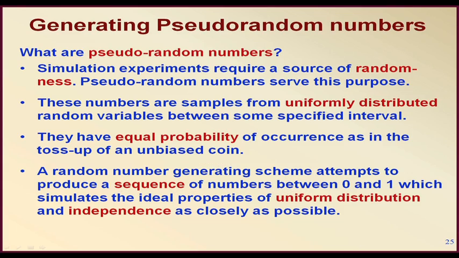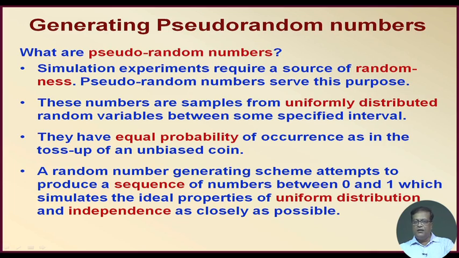We can have 3 digit, 4 digit, as many digits of accuracy as the case may be. Is it all right? So, a random number generating scheme attempts to produce a sequence of numbers between 0 and 1, which simulates the ideal properties of uniform distribution and independence as closely as possible, right.